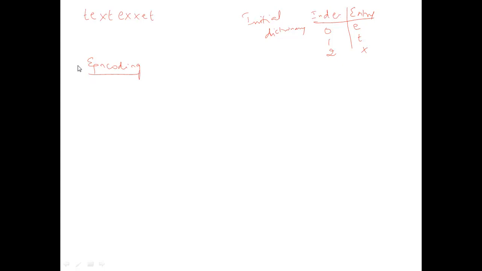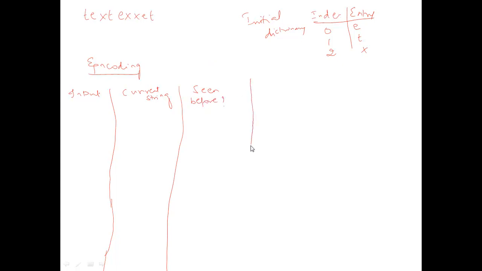To understand this clearly, let us do it with a table. The first column is the input, the second column is the current string, the third column tells whether the string is seen before or not, the fourth column is the encoded output, and the fifth column is the new dictionary entry.